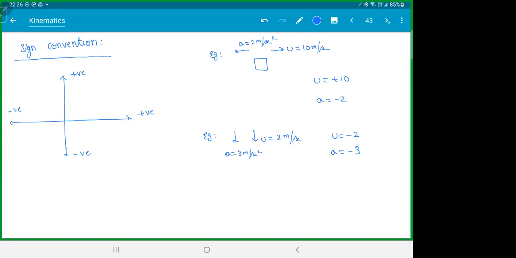This is the convention which you will use throughout mechanics, in laws of motion, friction, every chapter: up positive, down negative, right positive, left negative. Clear with this? Great.